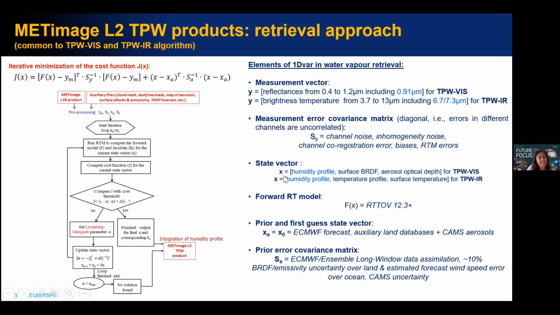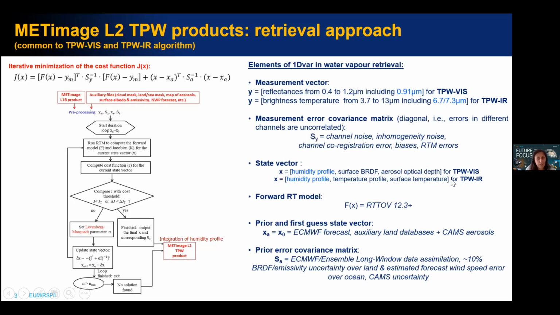Then we have the state vector, which is X, the quantity to be retrieved. And here we have the water vapor profile, of course, which is what we want to retrieve. But in the case of the visible retrieval, we have also the surface BRDF and the aerosol optical depth, because they can contribute to the observed reflectance in those channels.